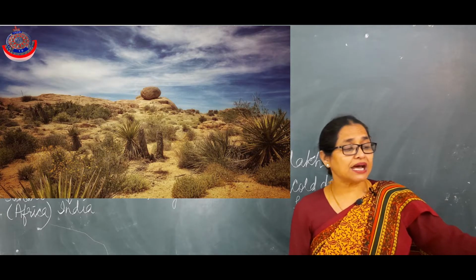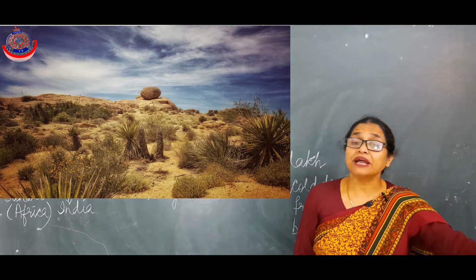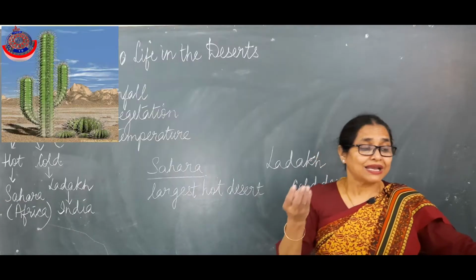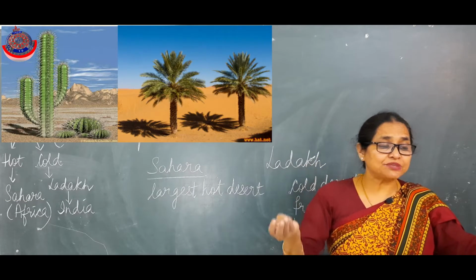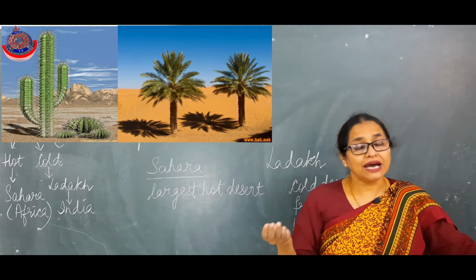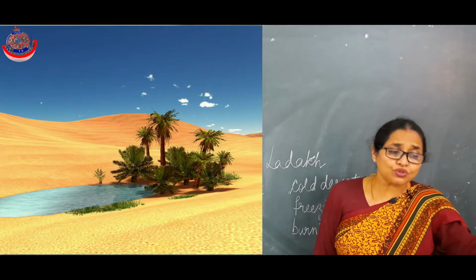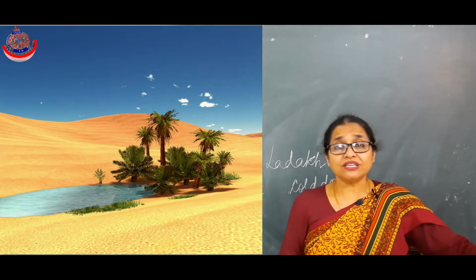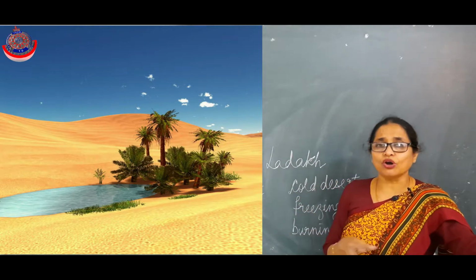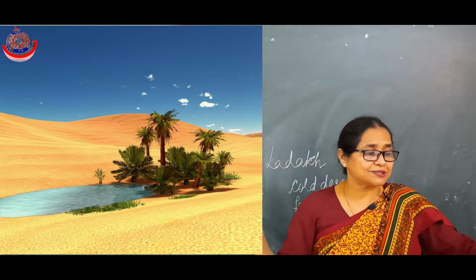Vegetation in the Sahara Desert comprises of cactus, date palms and acacia. Date palms are generally found in an oasis. Now, what is an oasis? A place where some water is found. Around them are some date palm trees.